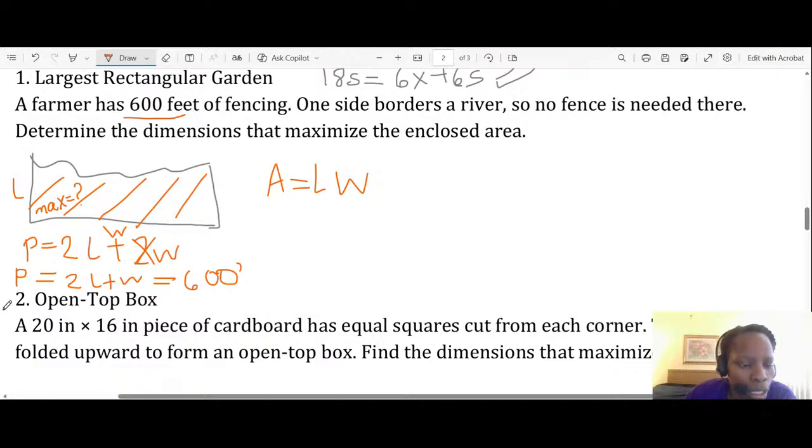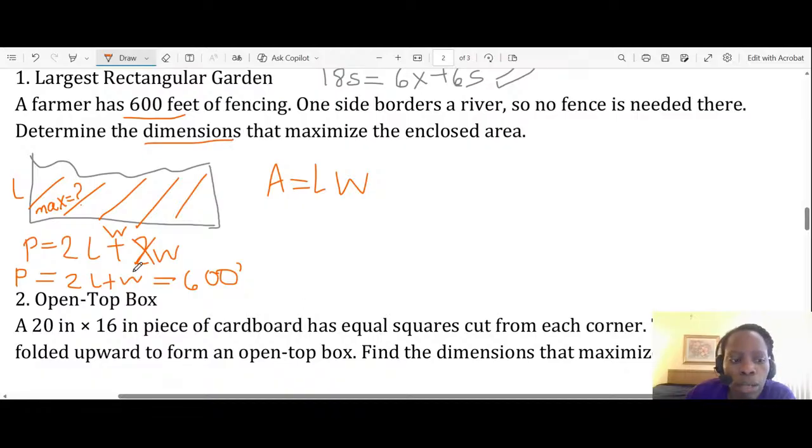So 2L plus W equals 600. If we want, we can get our area in terms of just one variable. We can get it in terms of W, or we can get it in terms of L. What do we want to do? It says determine the dimensions. So we need L and W.